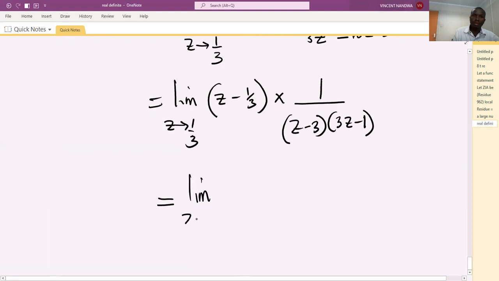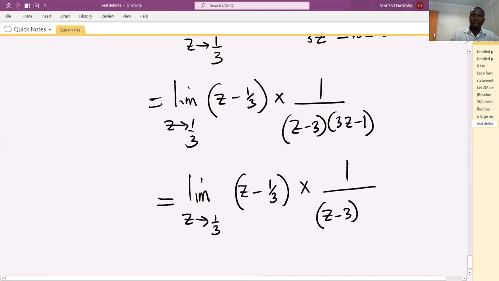Limit as z approaches a third of z minus 1/3, and we say this can be written as 1 over z minus 3, and then I can factor out a 3, so I'll have to write this one as z minus a third.